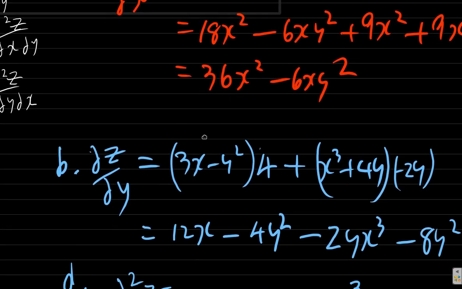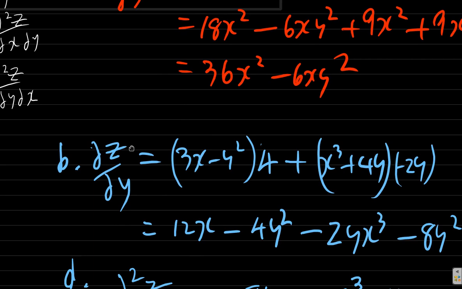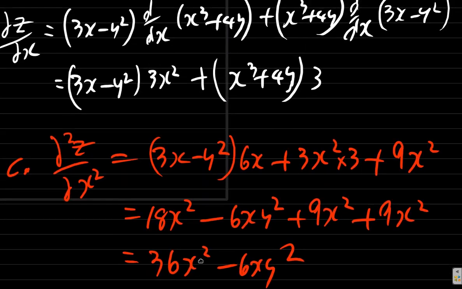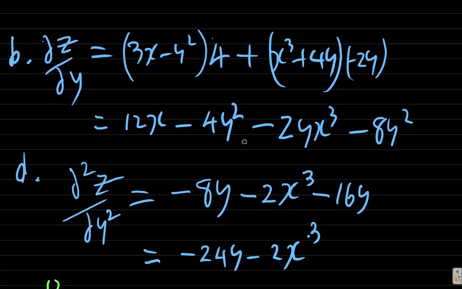We did the same thing with the delta z by delta y. It's just that we differentiate with respect to y this time. Alright? To ensure you follow the steps.